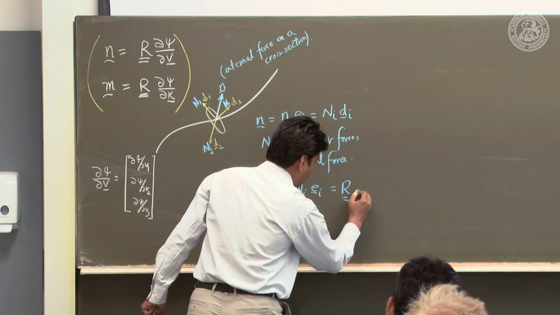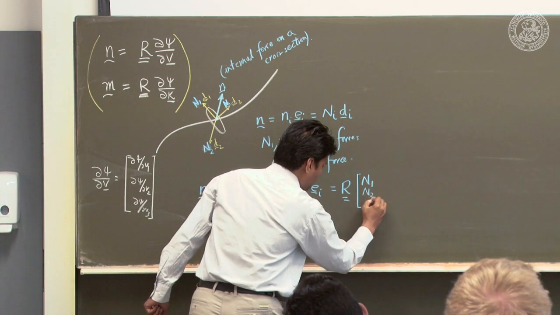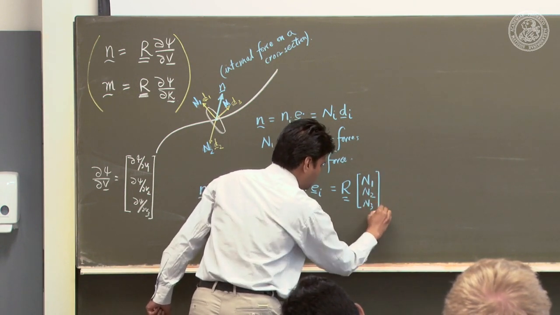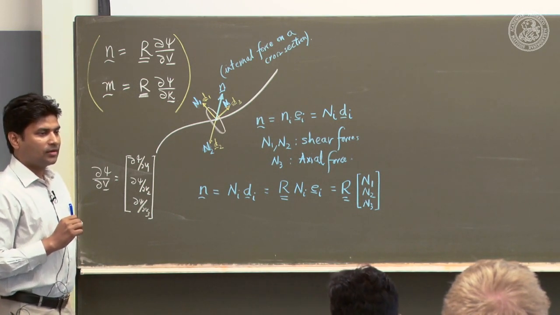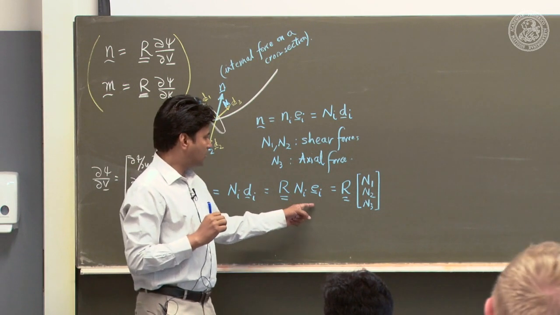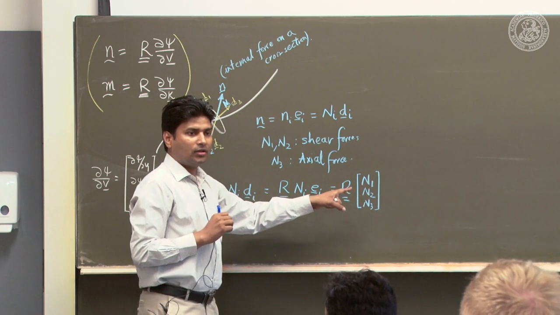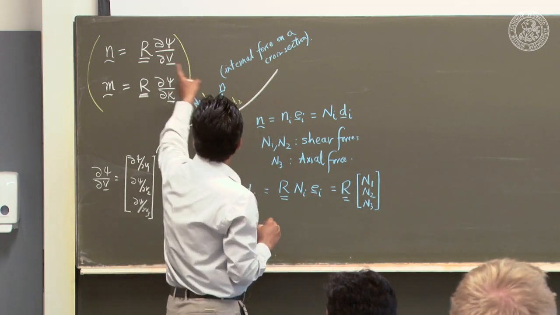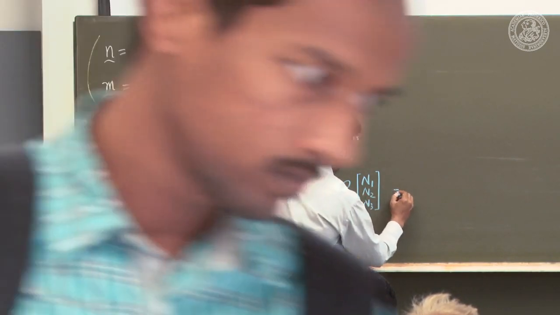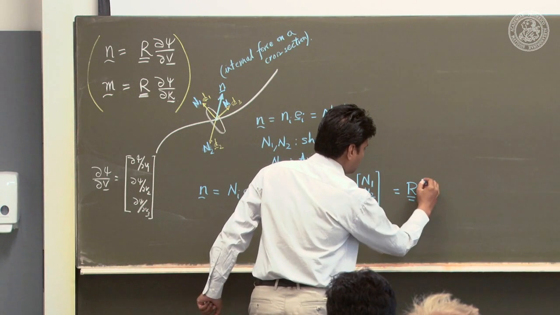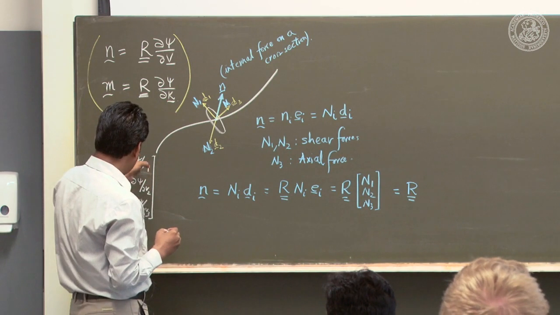And if you allow me, I could write this as big R times N1, N2, N3. So I just wrote it down in a column vector N1, N2, N3. And if I see from here, this is also equal to big R times del psi over del v, and then I further write del psi over del v in this form.